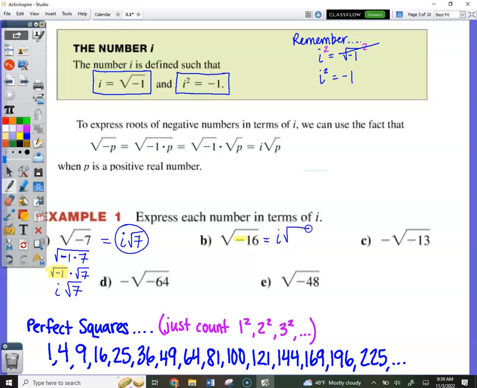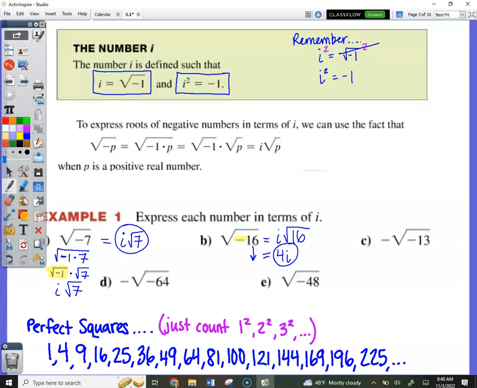And then I change it to positive, and now I take the square root of the positive number, which is 4. So this is actually just 4i. Notice the i moves to after the whole number if it comes out as a nice square root. You wouldn't write i4, because that sounds like bingo. You would write that it's 4i.